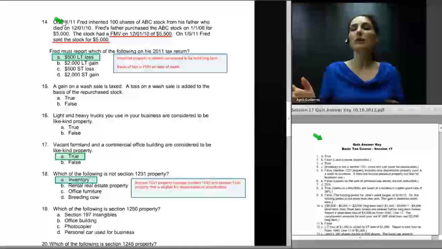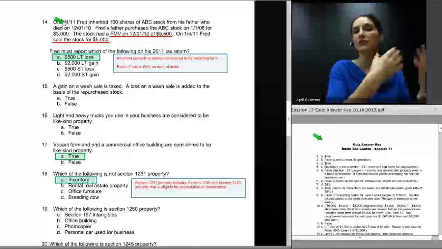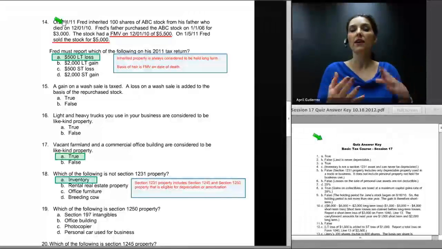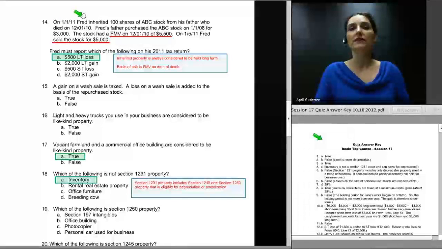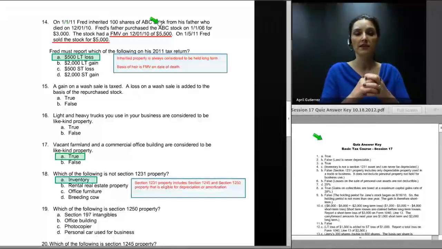And therefore, for most individuals who ever die, the property that is transferred from their estate to their heirs will have a cost basis to the heirs of the fair market value on the date of death. And for Fred, his cost basis in the stock he inherited from his father will be the fair market value of that stock on the date his dad died. His father died on 12/1/10, so the fair market value on 12/1/10 is $5,500. That is Fred's cost basis.